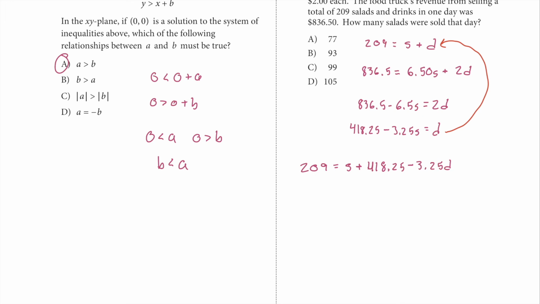So after subtracting 418.25, we get negative 209.25 equals 1s minus 3.25s, which is negative 2.25s. Divide negative 2.25 to the other side to solve for s. We get 93 equals salads. So we sold 93 salads. Answer is B.